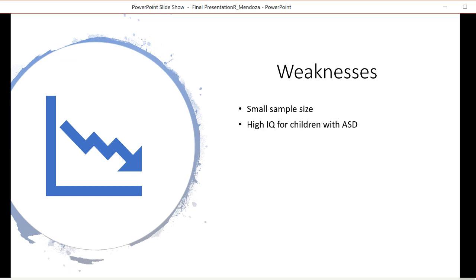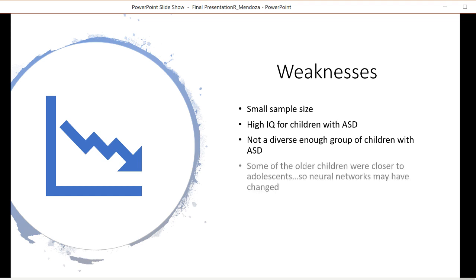Most of these children with ASD seem to have a very high IQ and be higher functioning, which means that they were not a diverse enough group of children with ASD, as children on the spectrum of functionality can range from very low functioning to very high functioning. And it looked like this particular sample of participants was very high with regards to functioning.